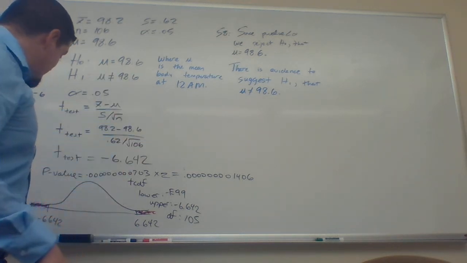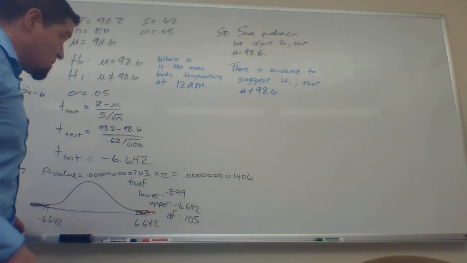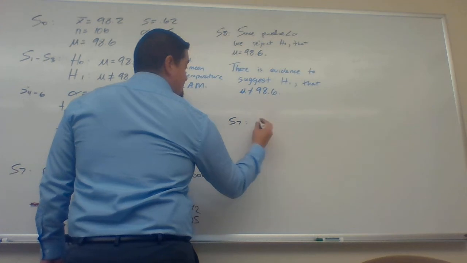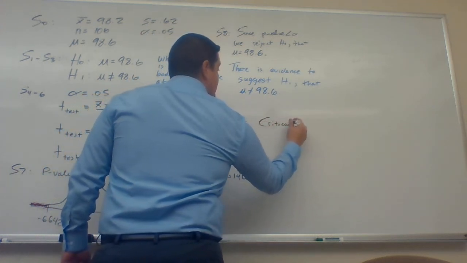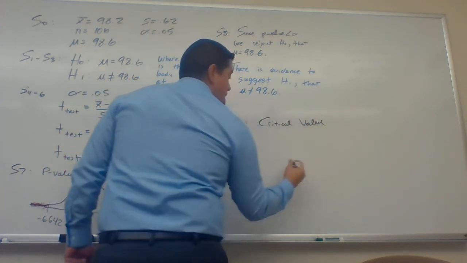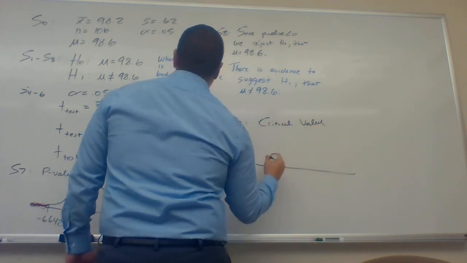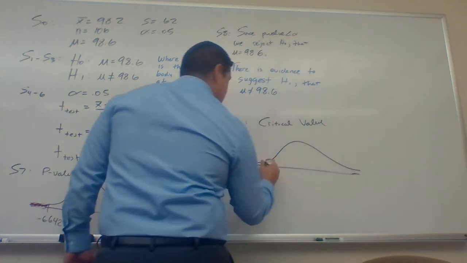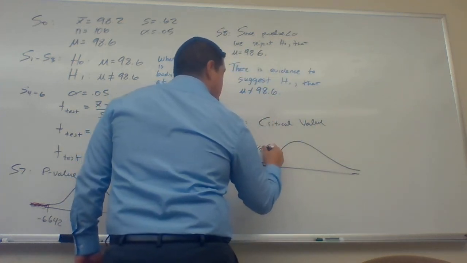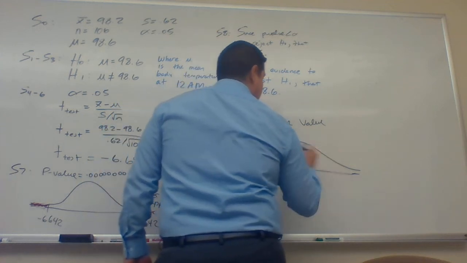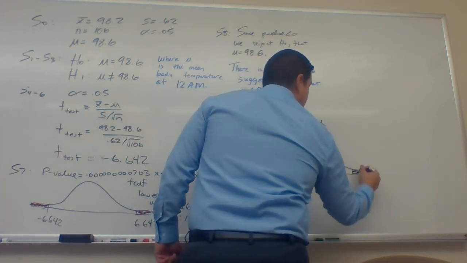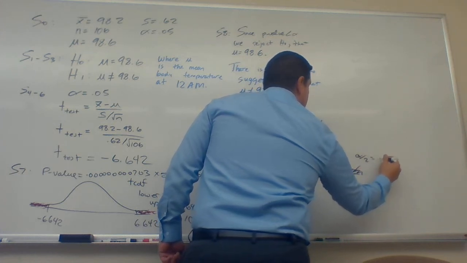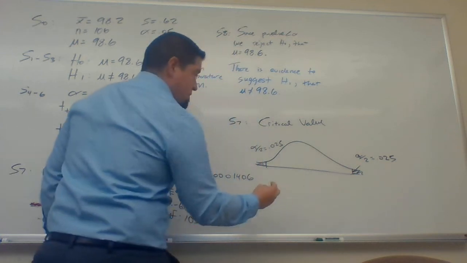Now doing it the other way, real quick, go back to step 7. Instead of calculating a p-value, we'll calculate the critical value. Our alpha is 0.05, it's a two-tailed test, so I have to use alpha over 2, which is 0.025. Use inverse t.